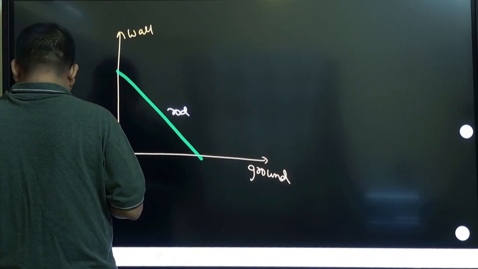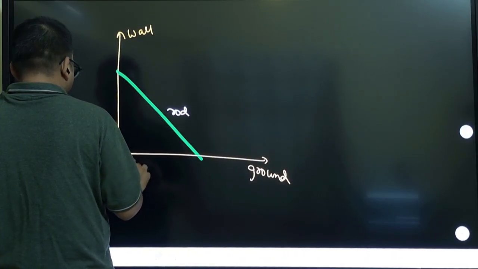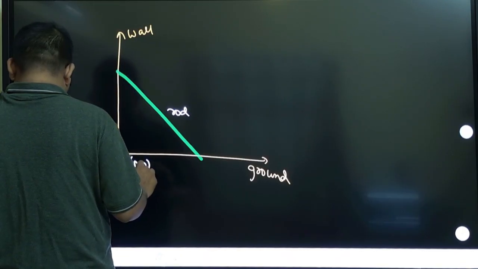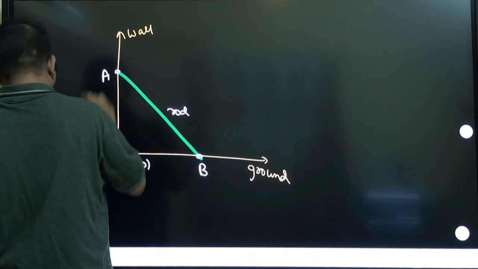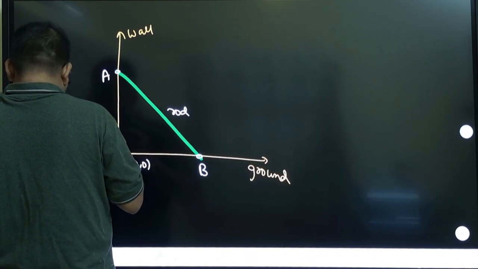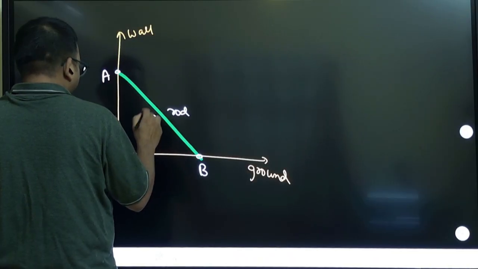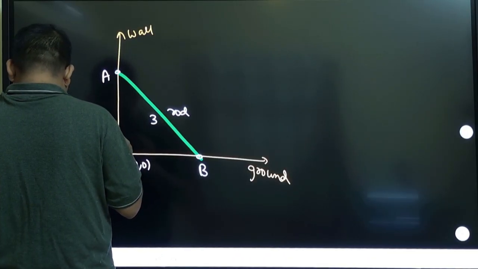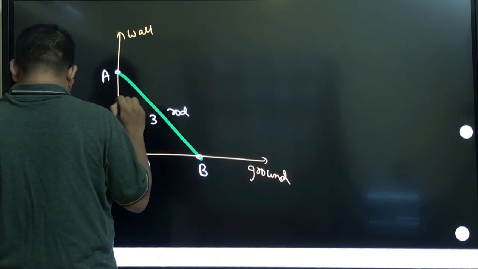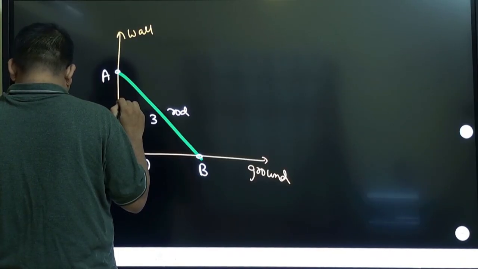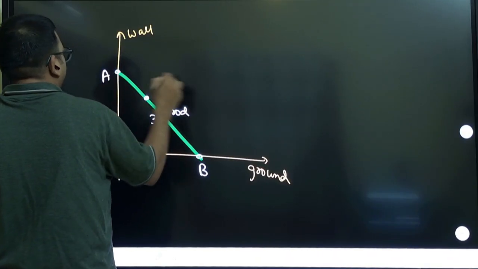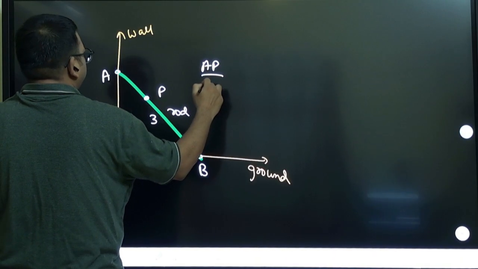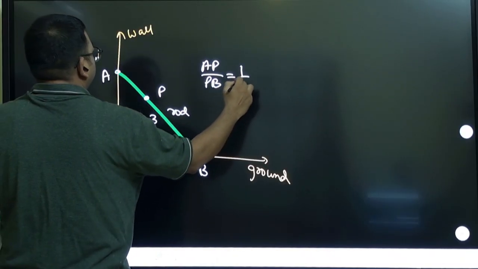They are saying that this point is origin 0 comma 0, this point is B, this point is A. The length of rod AB is given as 3 meters. And point P is a point on AB, somewhere. AP is to PB is 1 is to 2. So this point is P, and this ratio AP by PB is 1 by 2.